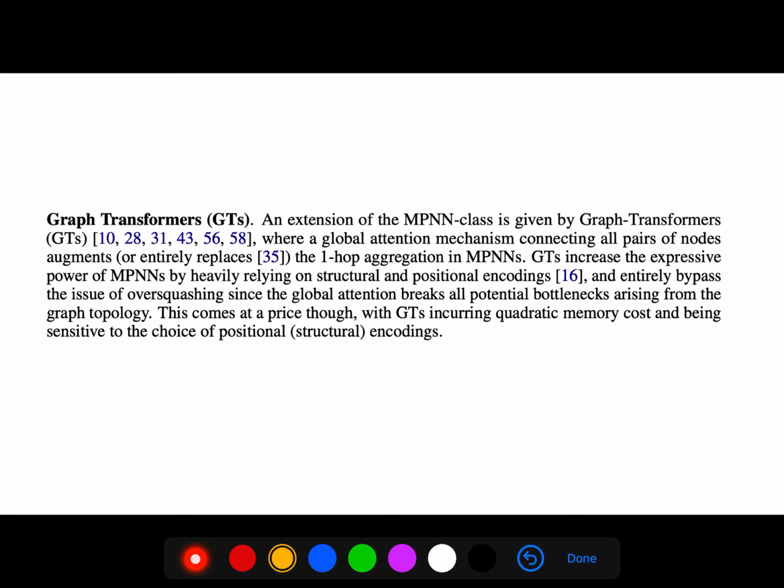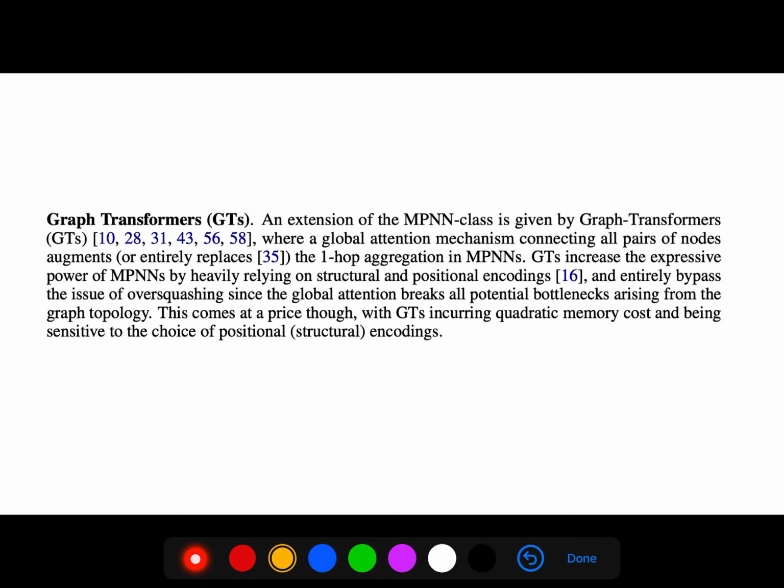So the graph transformer, which is an extension of the message passing neural network class, is given by graph transformers where a global attention mechanism connecting all pairs of nodes augments the one-hop aggregation.